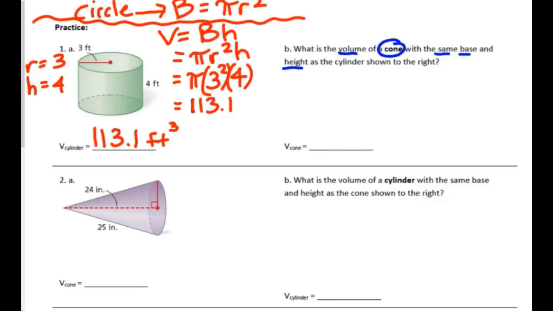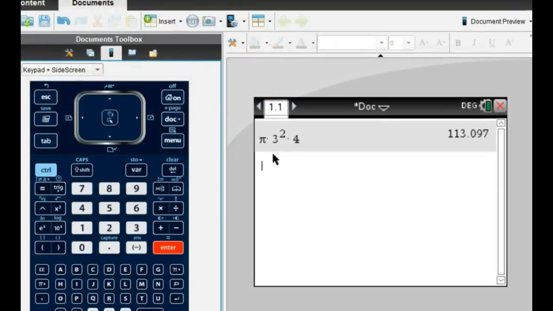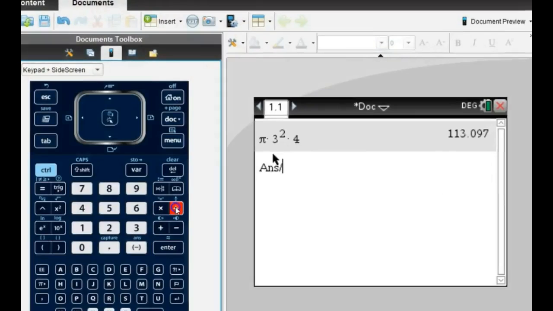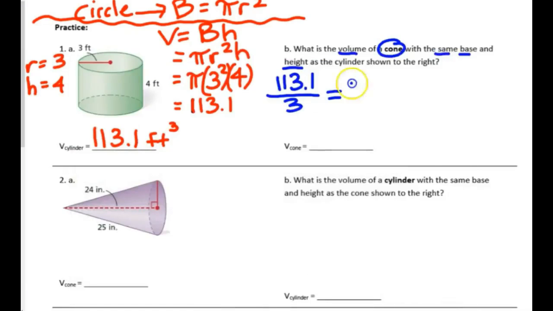Divide by 3. So let's do that. 113.1, sorry. Divided by 3, that will give us the cone if it has the same base and the same height. Okay? So I go to my calculator, divide by 3, and I get 37.7.